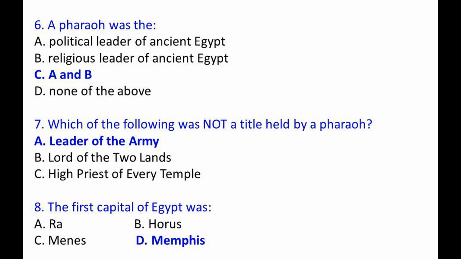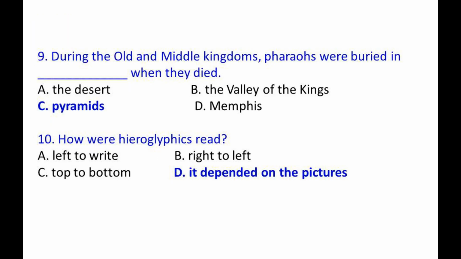8. The first capital of Egypt was A. Ra. B. Horus. C. Menes. D. Memphis. And the correct answer is D. Memphis. 9.